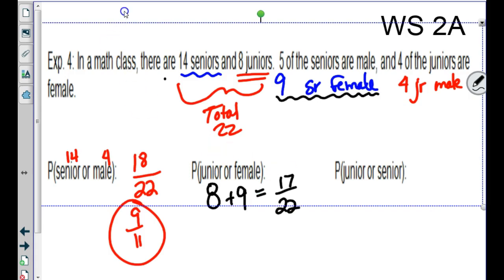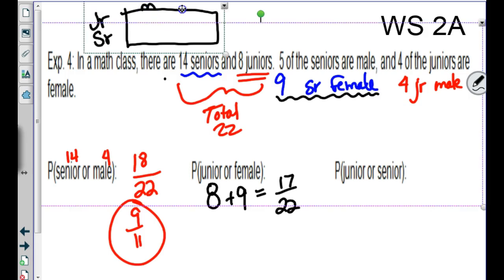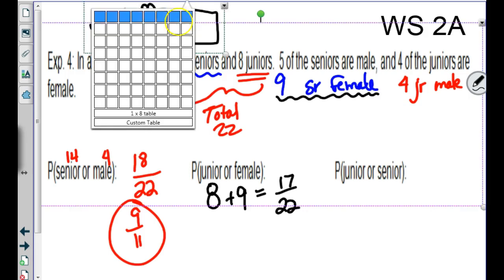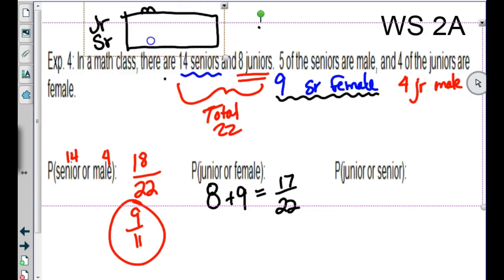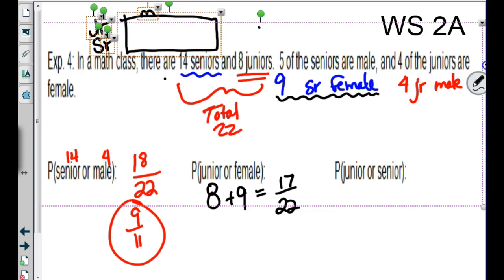We certainly could have made a little chart that would have helped here. Junior, senior, male, female.